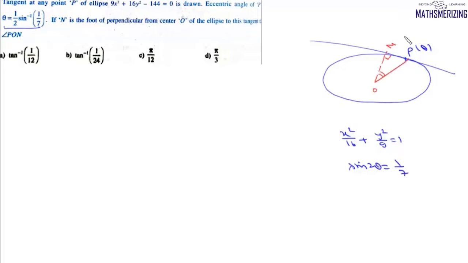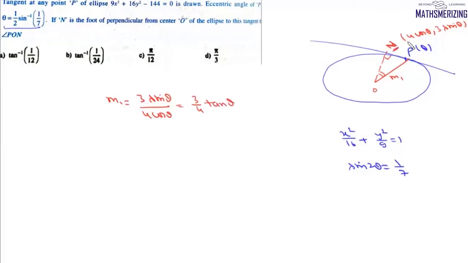Now we know that this point is (a cos theta, b sin theta), so it will be (4 cos theta, 3 sin theta). Now the slope of OP is, say, m1. So what is the slope of OP? The slope of OP is 3 sin theta upon 4 cos theta, that is 3 by 4 tan theta.